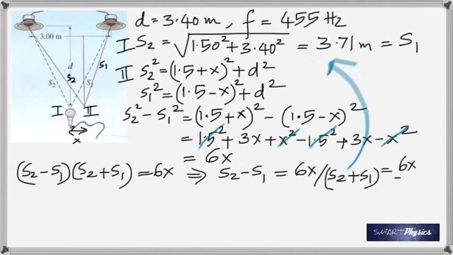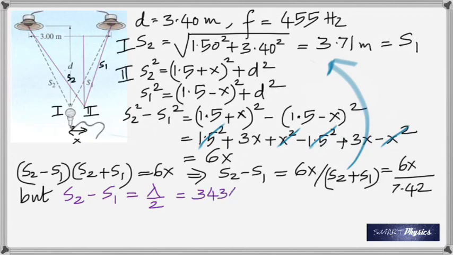Alright, now s2 plus s1 is definitely 3.71 times 2, which is 7.42. That's a little approximation there, but that's fine, because we're dealing with real small distances.